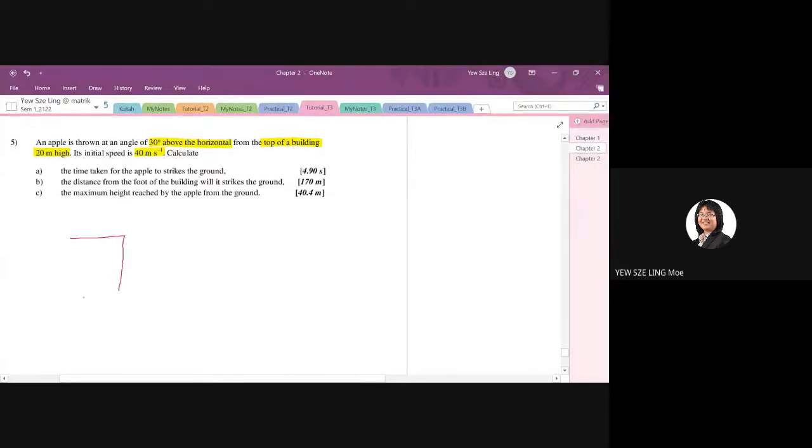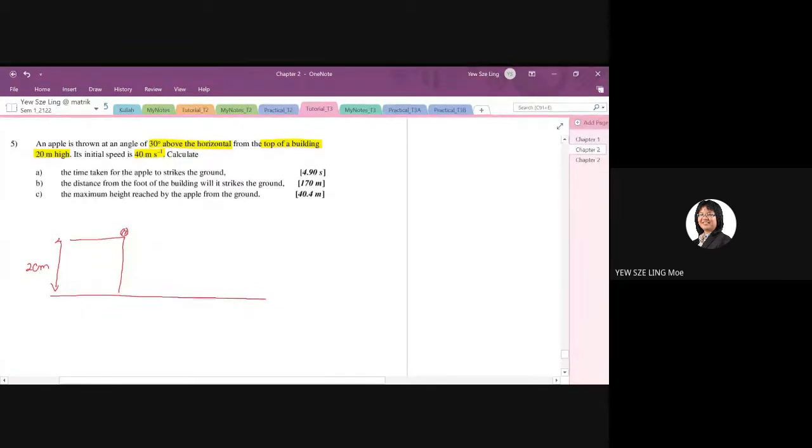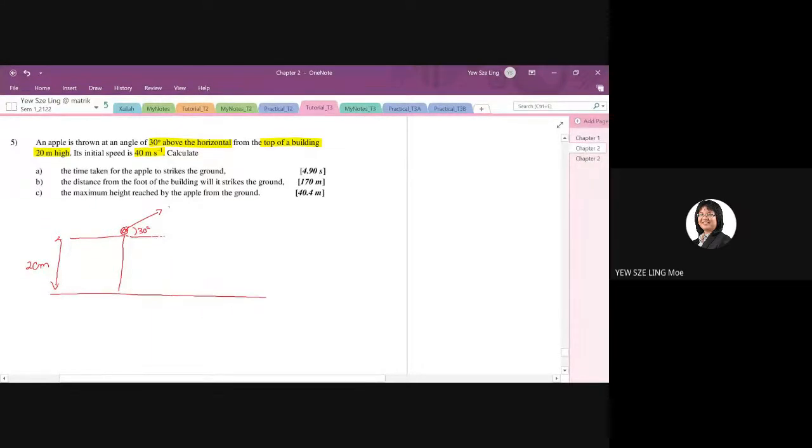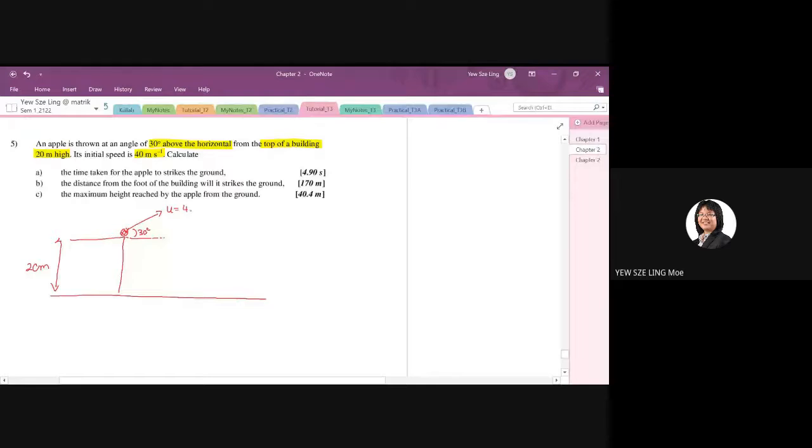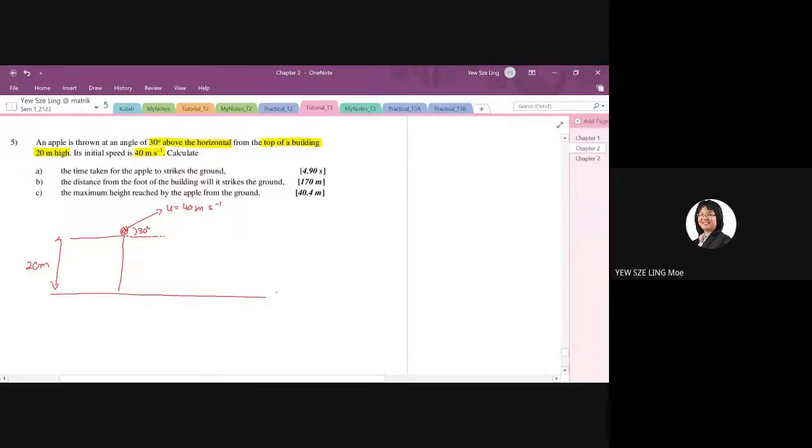You have a building, this is the ground, and the building is 20 meter high. This is the object, which is your apple, thrown 30 degree above the horizontal line, and U equals 40 meter per second. That is the diagram I sketched based on the question given.